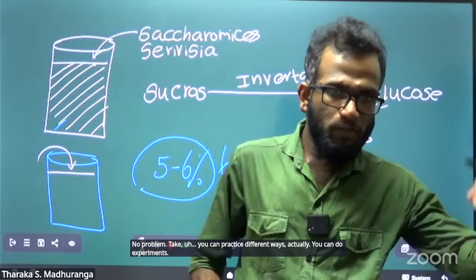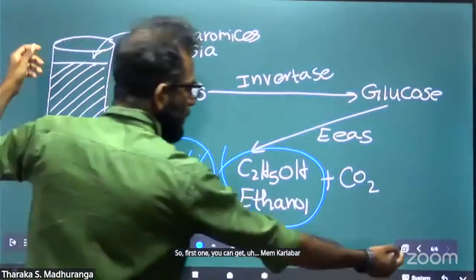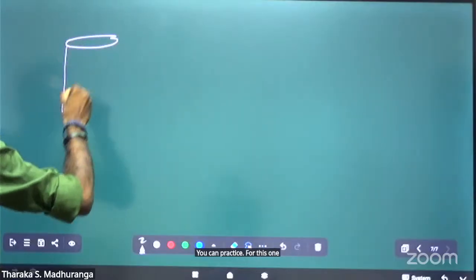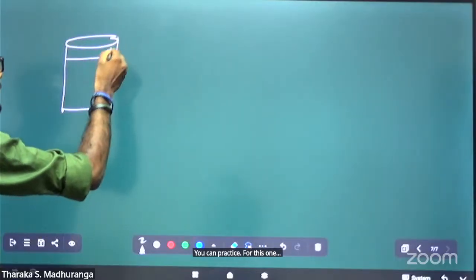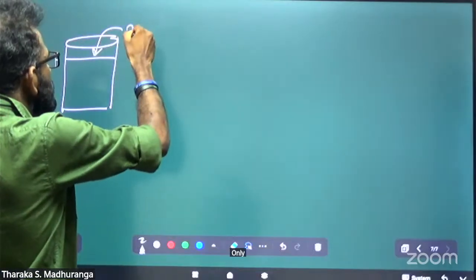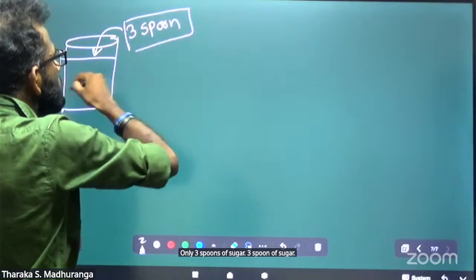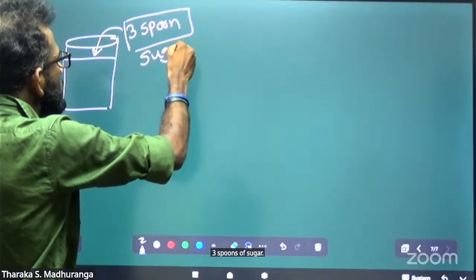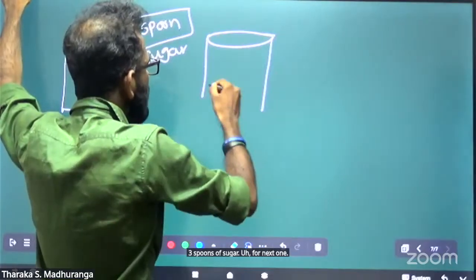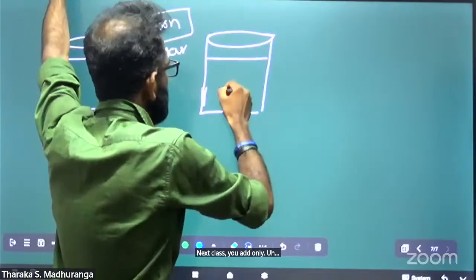For the first one, add only water and 3 spoons of sugar. For the next one, add only coconut water.